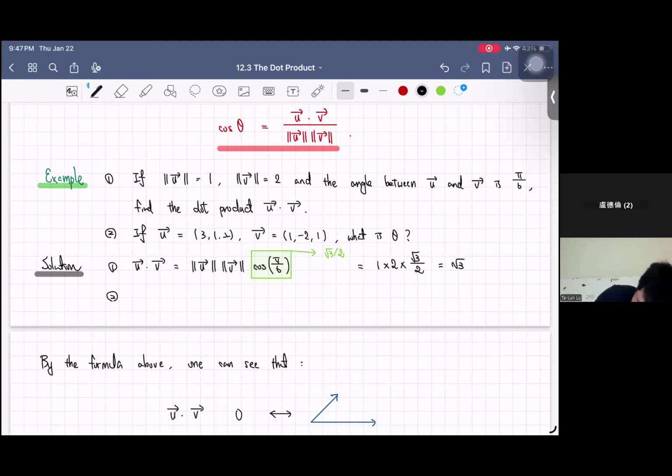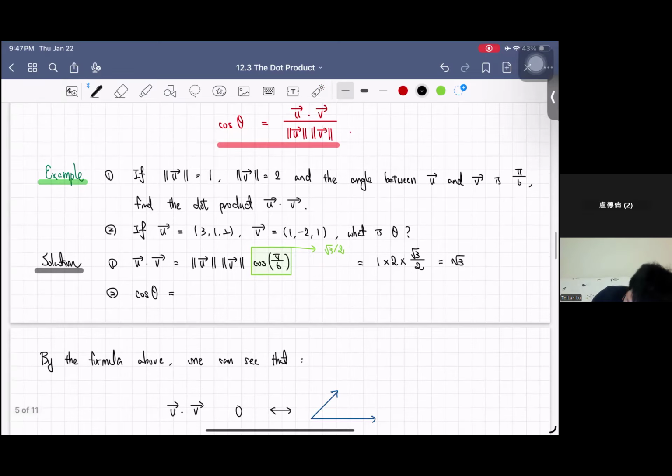So we know that in a reverse way of stating the law I've just shown you guys, cosine theta will be evaluated to be U dot V over the multiplication between the two lengths. The numerator is 3 times 1 plus 1 times minus 2 plus 2 times 1, right? And in the denominator, you have the lengths.